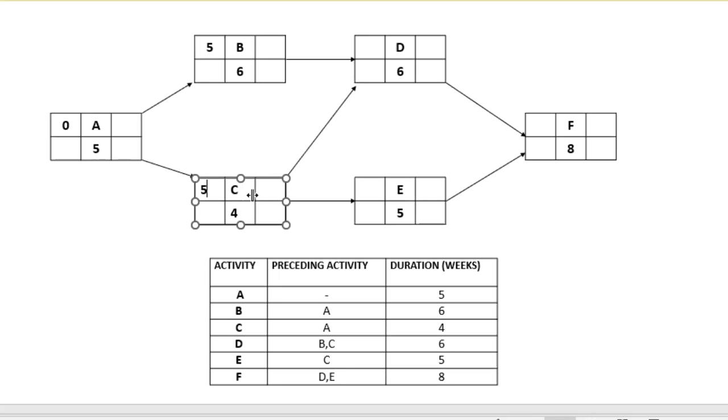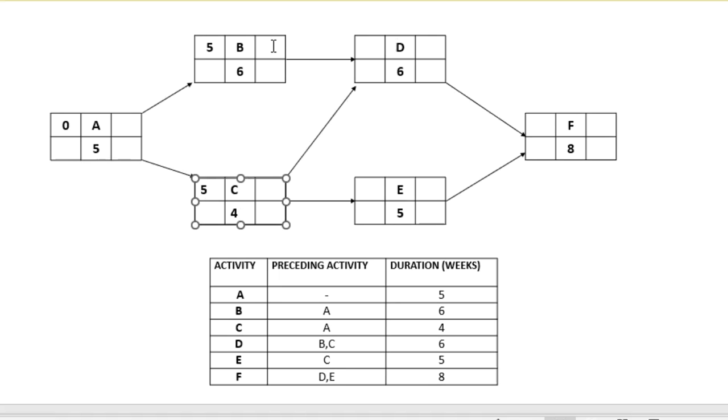Okay, so here B will take 5 plus 6, that's 11 weeks. You add the 5 and the 6, 11 weeks to complete. Good, because remember, A is going to take 5 weeks and B is going to take 6 weeks to finish. So that's 11 weeks. Let's see how long C is going to take. Remember, 5 plus 4, that's 9. And so guess what? Even though C is going to finish in 9 weeks, we still cannot start D until B is finished, which would have taken 11 weeks.